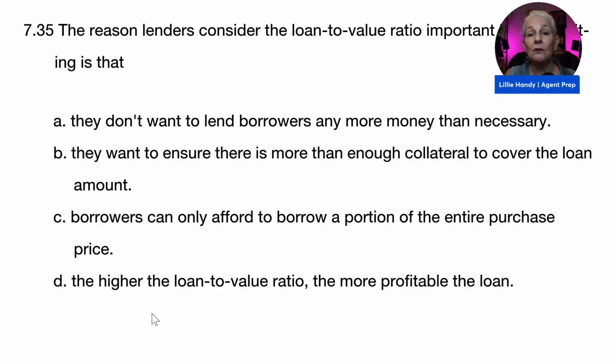Paid by whom? The borrower. Okay, so all insurance is paid by the borrower, even the PMI, private mortgage insurance on conventional loans that are less than 20% down.